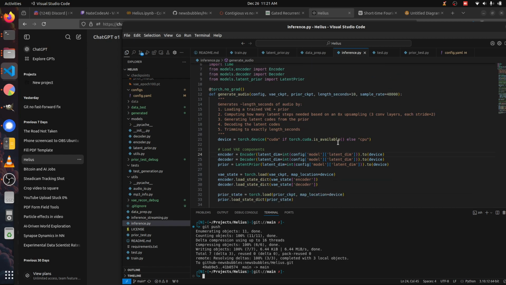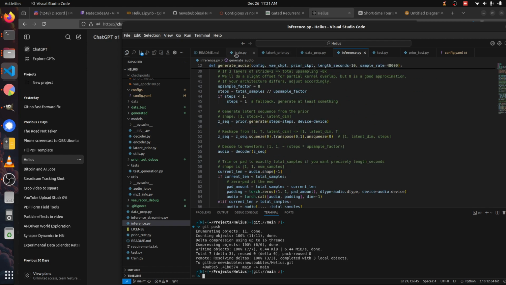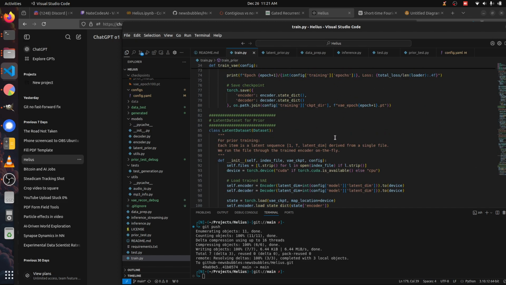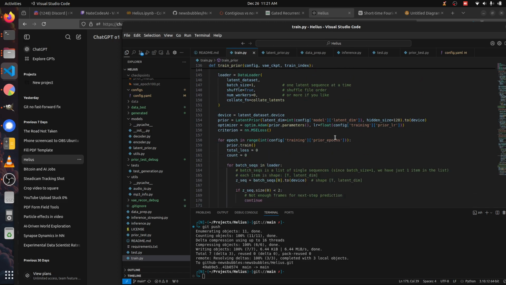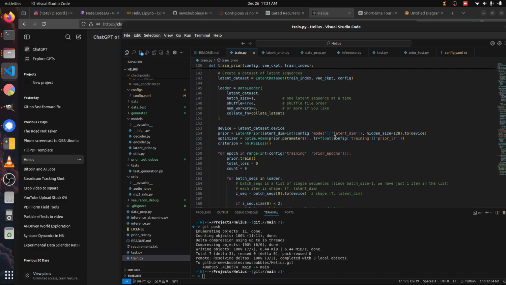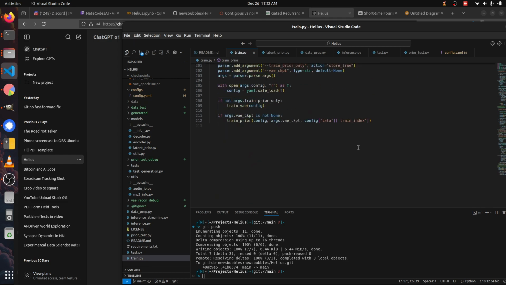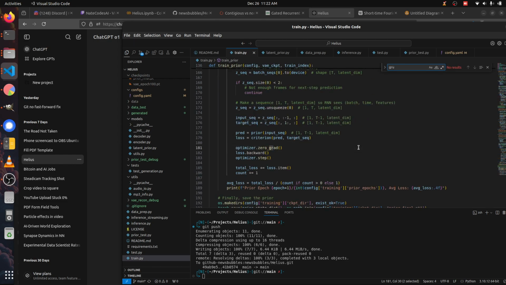All right. So latent prior, blah blah. Where is our? Oh, that's an inference. Okay. Train VAE. Where's my GRU? Latent prior. Where is my GRU? GRU, where are you?